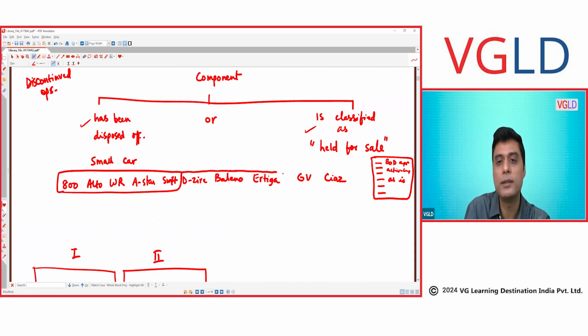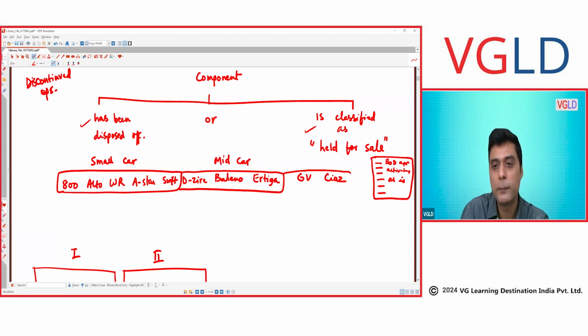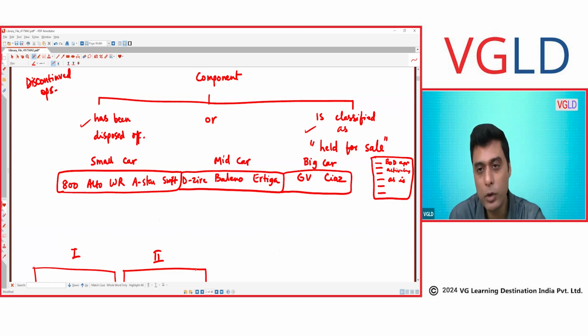Okay, I could be wrong in this classification, so car lovers, please don't get offended. Suppose small car as a segment is a component of the business, mid car segment is a component of the business, big car segment is a component of the business.